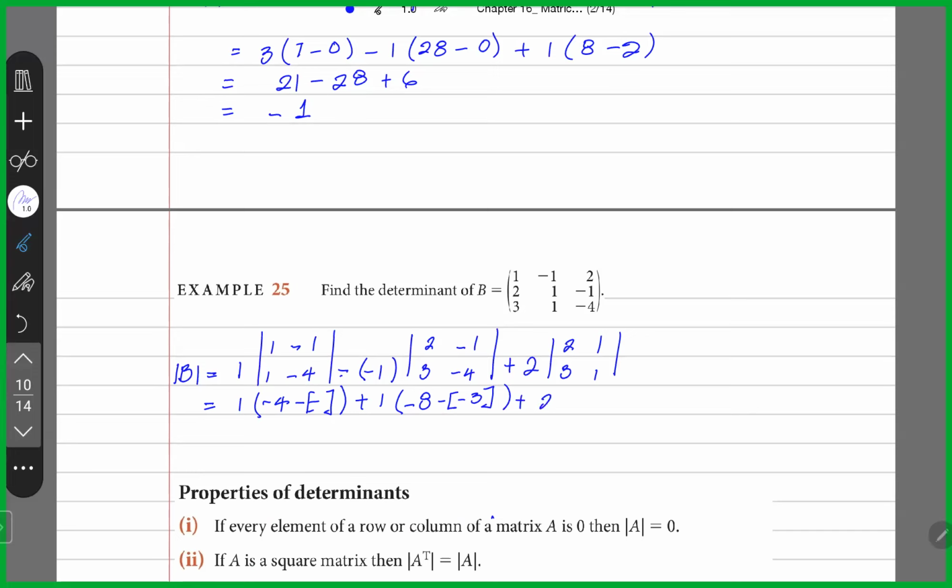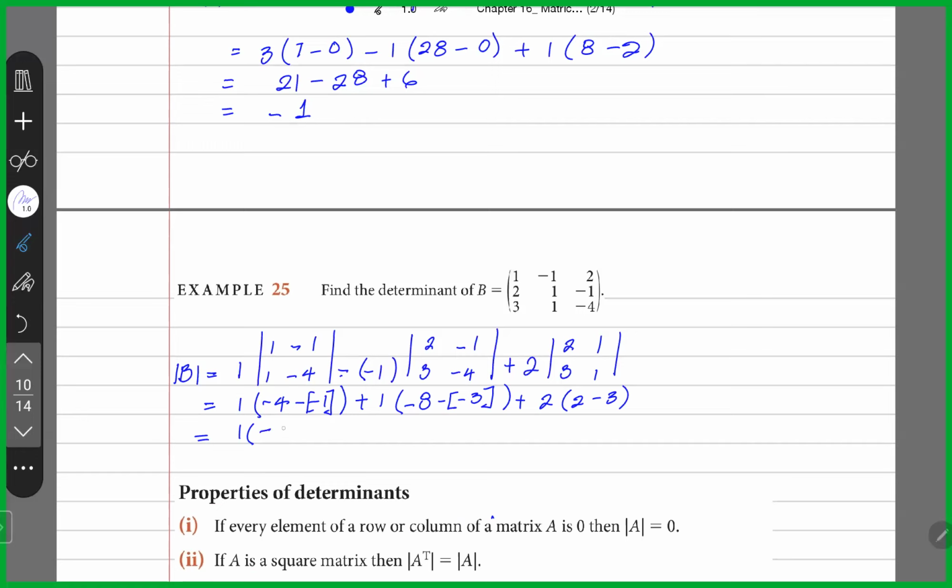plus 2 times 2 minus 3. This is 1 minus 3. What goes in that bracket? Minus 1. So it's 1 minus 4 plus 1 is minus 3.